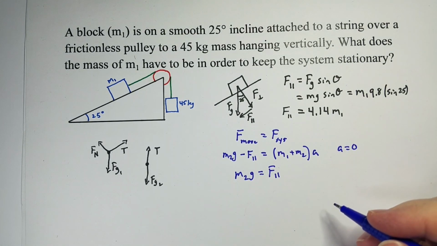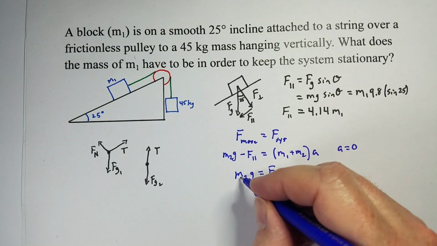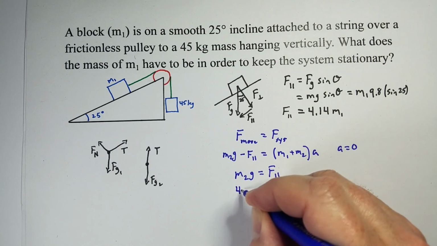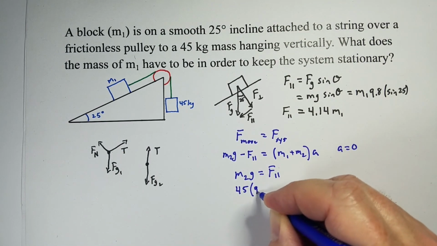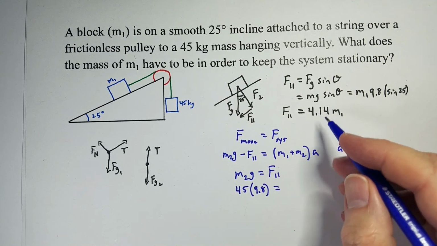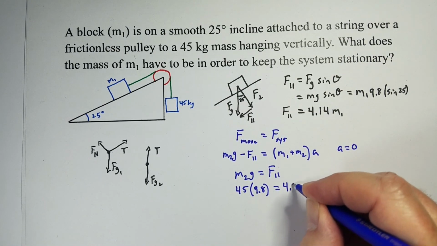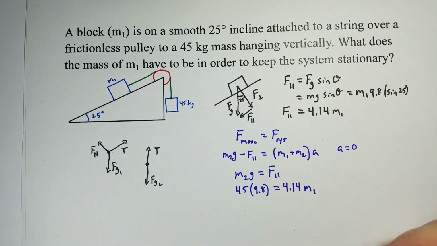In which case, let's see what we've got here. m2 is 45 kilograms. Gravity is 9.8 meters per second squared. The force parallel, we just figured out, is 4.14 times the mass of the first block.